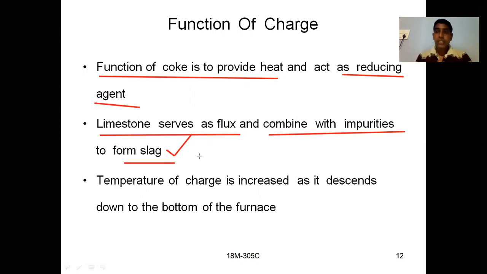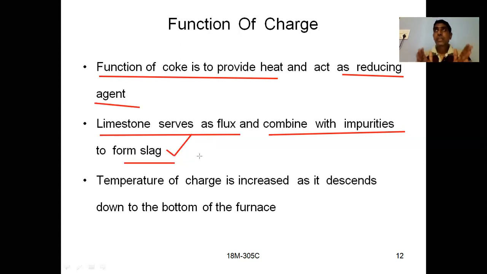So how does limestone act? Limestone acts as flux. What is meant by flux? This flux reacts with the impurities that are present and forms slag. So that slag can be removed, right? Indirectly, we can say limestone is useful for removing impurities. But how the impurities are removed is also important, so we have to know how to answer this question.